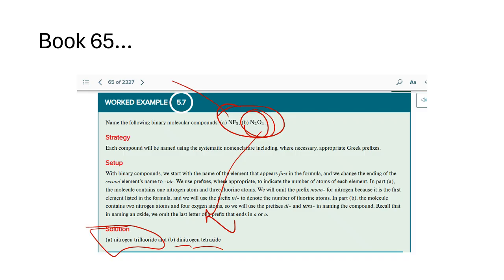And if there's two vowels in a row, you'll get rid of one vowel, but it's not really a rule for that. We call that naming an oxide. We'll omit the last letter of the prefix if it ends with A or O. I don't know. I don't really care. But Alex will.